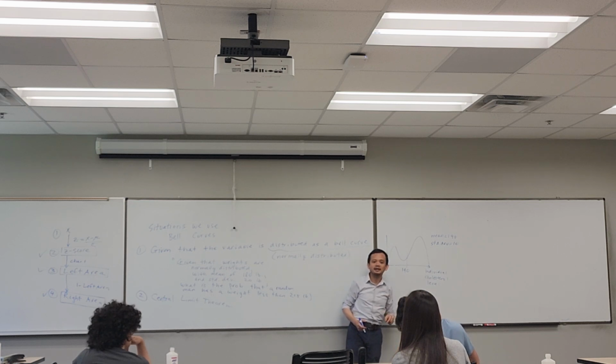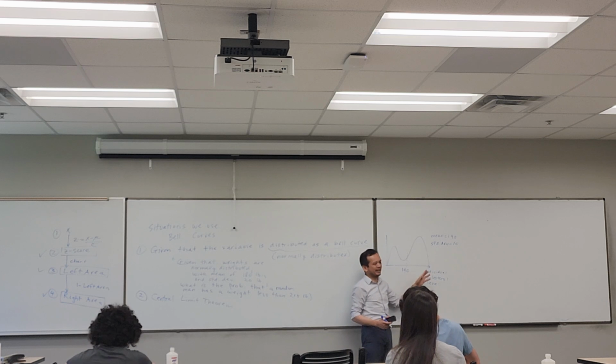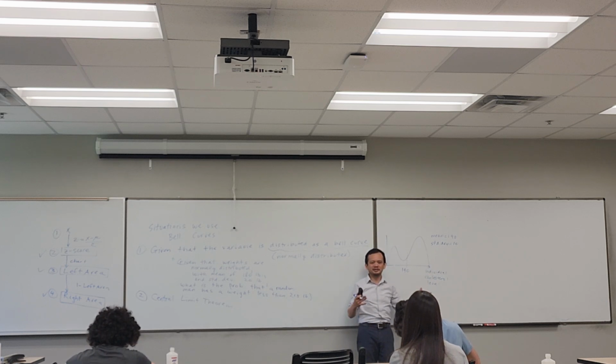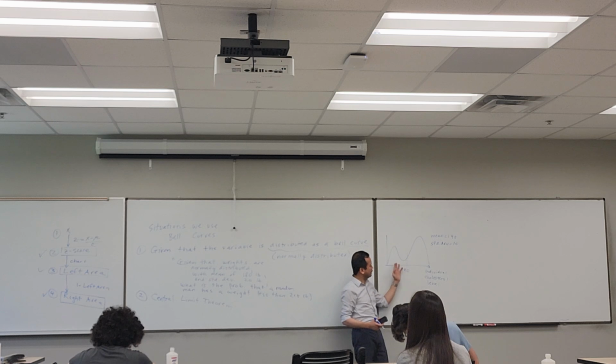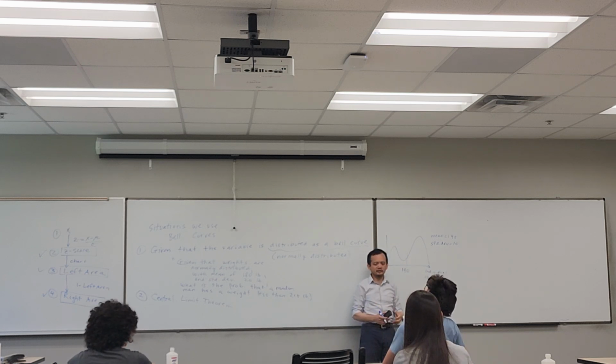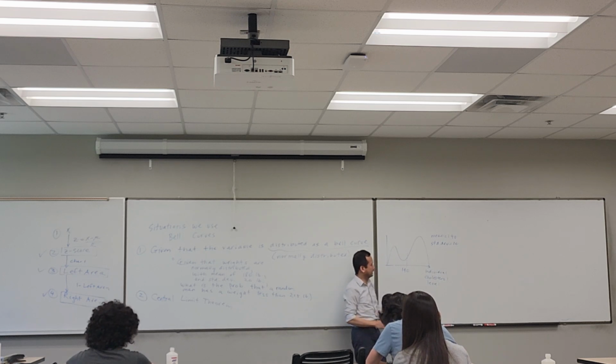It's not symmetric? Yeah, it's not symmetric, but who can explain why cholesterol in particular is not symmetric and looks like this? Yeah, maybe. One explanation might be that cholesterol is largely influenced by lifestyle and diet and exercise and so forth.